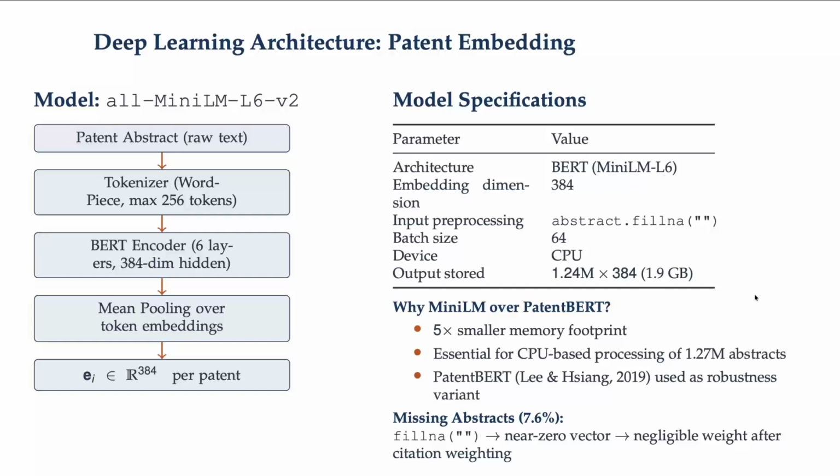And also the original Patent BERT is more suitable for classification instead of this kind of similarity calculation. So I adopted sentence BERT, or in other words, Patent S-BERT. The model itself is MiniLM.